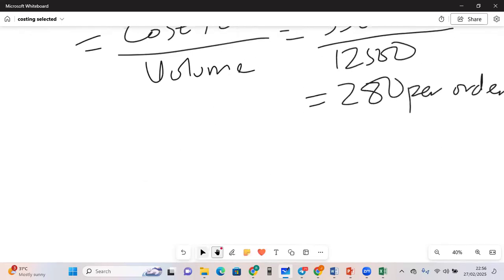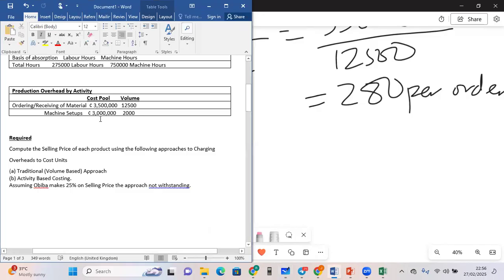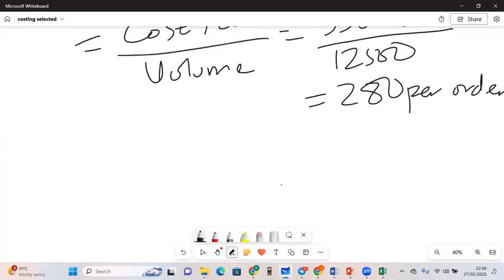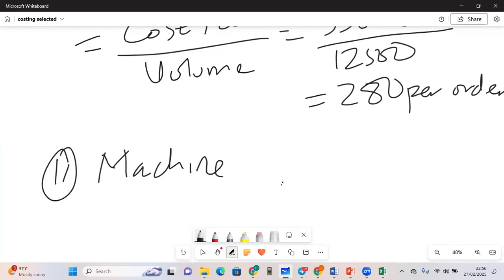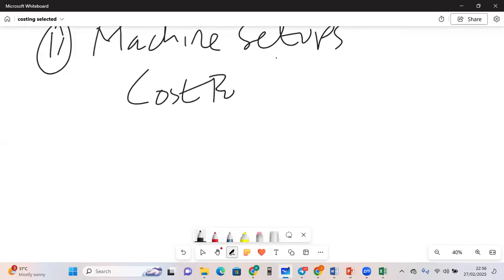Now the next one is machine setup. That's 3 million. The volume is what? 1,000. So the same thing, cost pool over volume.